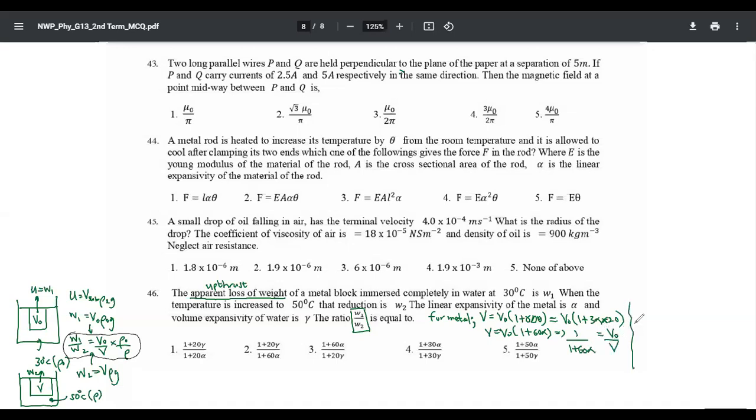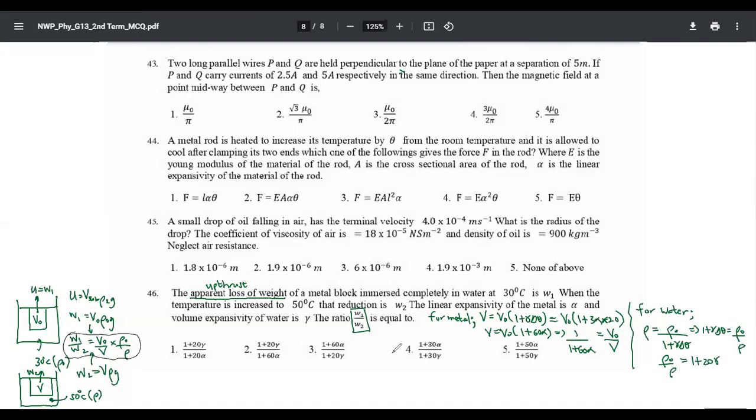Right. And then let's go for the liquid, for water. Hope you can remember the equation. Density is given by rho equals rho naught bracket 1 plus gamma delta theta. And we are supposed to find rho naught over rho to get the final answer. So 1 plus gamma delta theta is equal to rho naught over rho, and delta theta once again is 20. Therefore, rho naught over rho is equal to 1 plus 20 gamma.